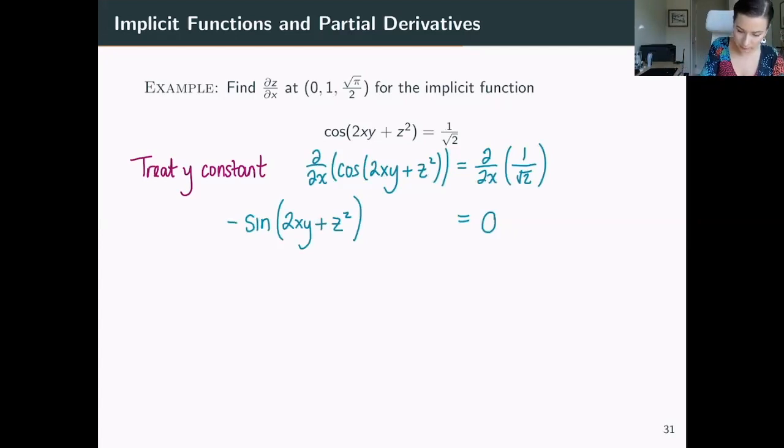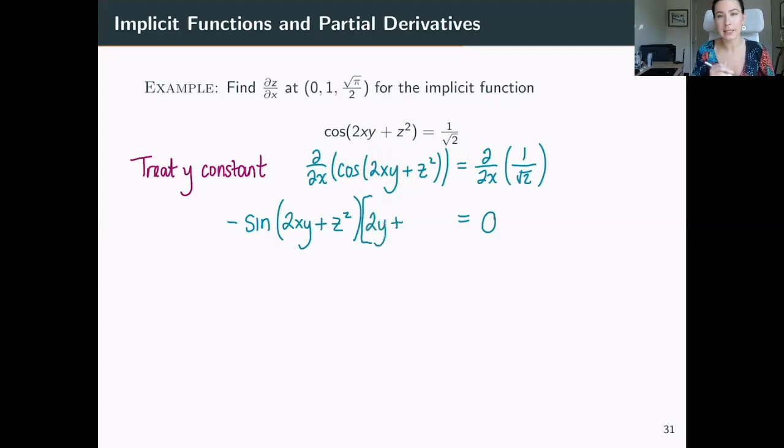And the derivative of the inside here, I have 2 times y is my constant, x, so I have a linear function, the derivative is a constant, so we would get 2y.